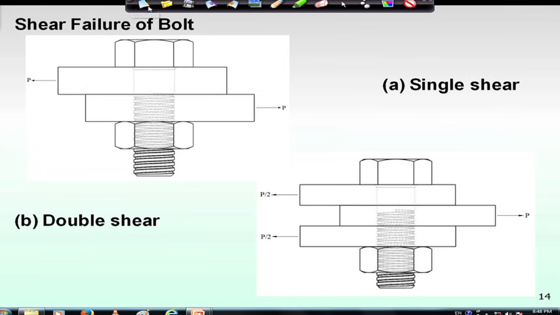Now, we have shown shear failure in single shear and double shear.